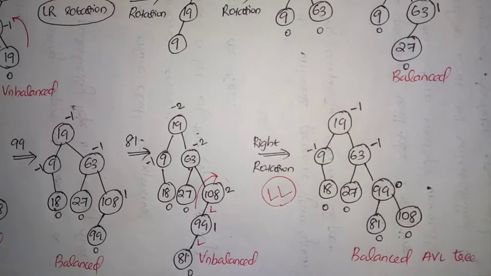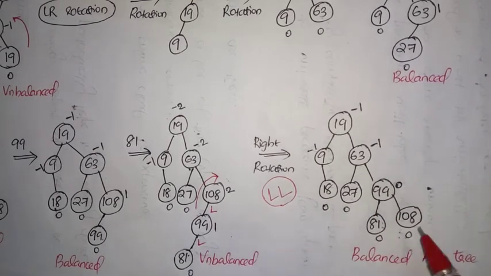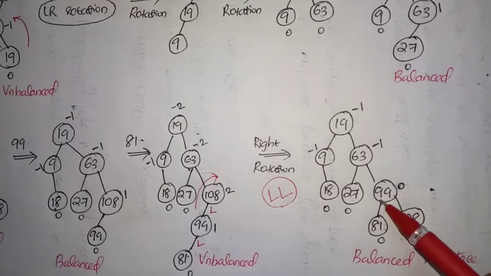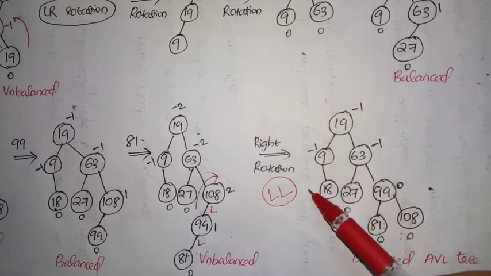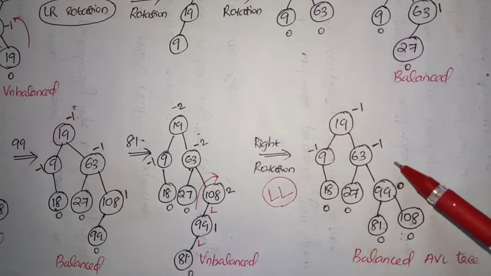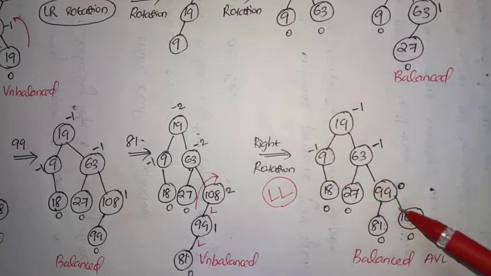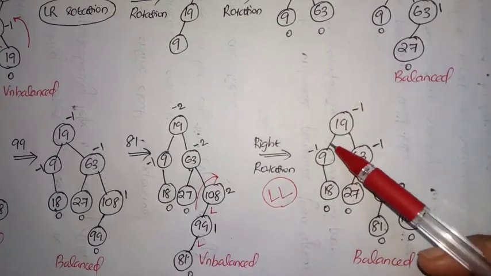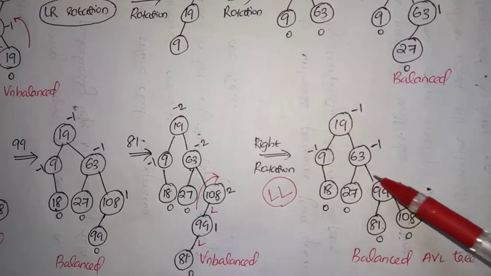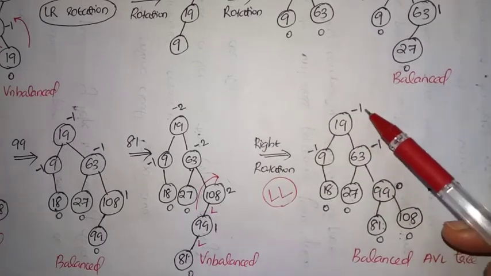Now let's again calculate the balancing factor one more time. These are leaf nodes, so 0, 0, 0, 0. In this case, height of left subtree 1 minus 1, that is 0. In this case, 0 minus 1 is minus 1. In this case, 1 minus 2, that is minus 1. And in this case, height of left subtree 2 minus right subtree 3 is minus 1.